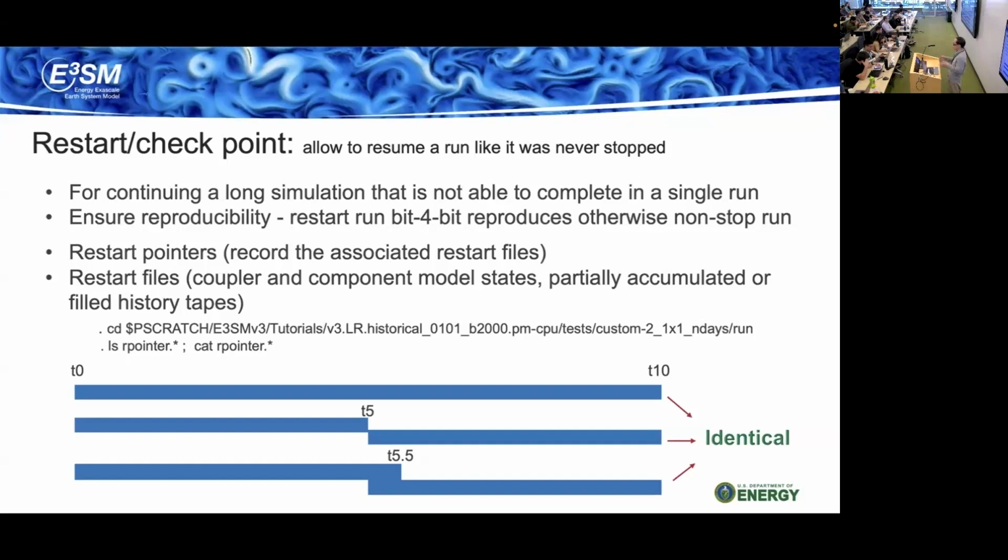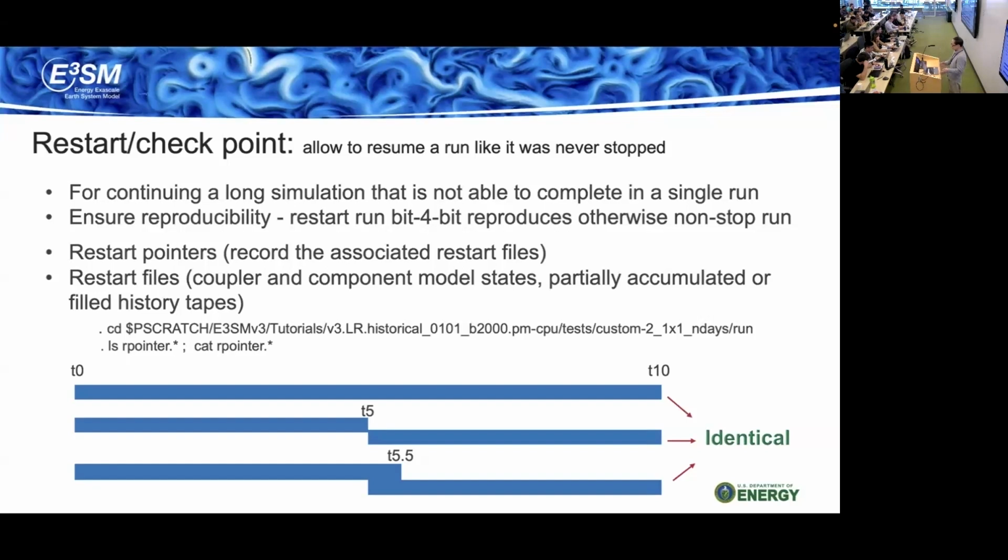For example, we want to save a monthly file, but you only simulate for 15 days. So you're not able to save a monthly file, but you accumulate those 15 days and save them there. That's a partially accumulated file. It could also be a not fully filled history tape, like a history file where I want to save 30 days.